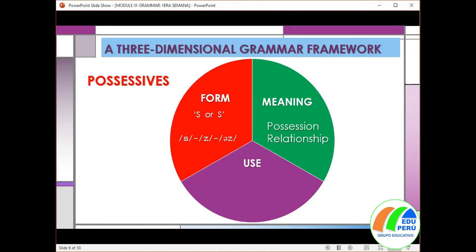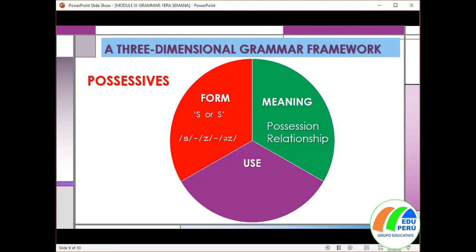Let's pass to the meaning. In the meaning, the most common meaning of this structure is to talk about possession, right? But also you have other ones. You can talk about relationships. Now you talk also about relationships, and you have other meanings of this apostrophe s.